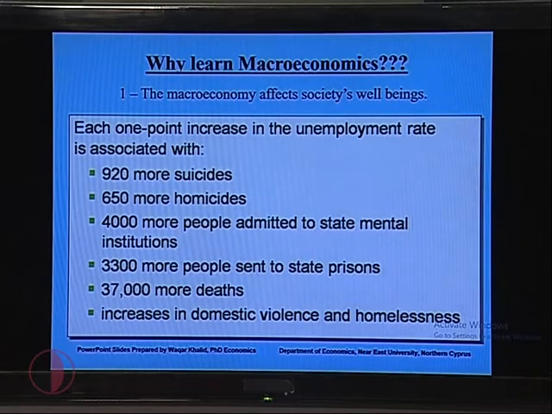So if we have a 1% increase in the unemployment rate, there will be more suicides, more deaths, more domestic violence, more street crimes. That's why the macroeconomy affects social well-being.